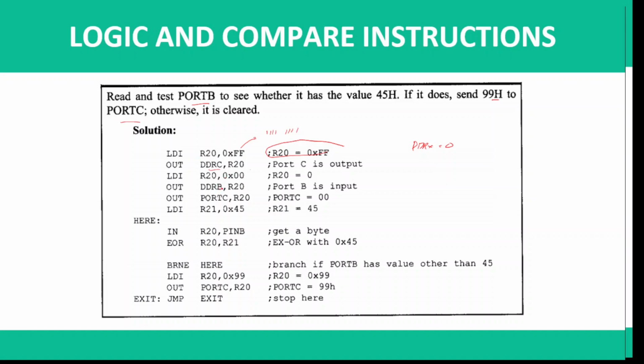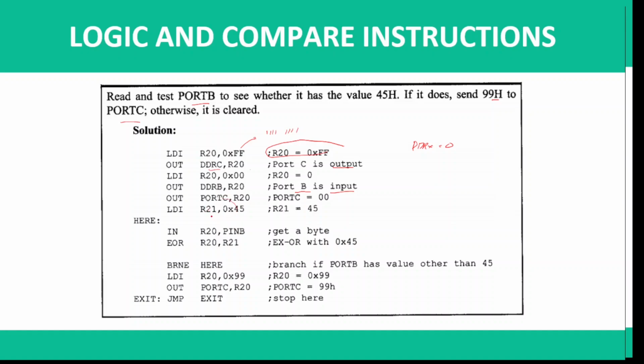So DDRB is now 0, and we have already set port C as an output and port B as an input. Then we need to clear out port C first, so R20, which is still 0, is output to port C. And then we load 0x45 in R21.